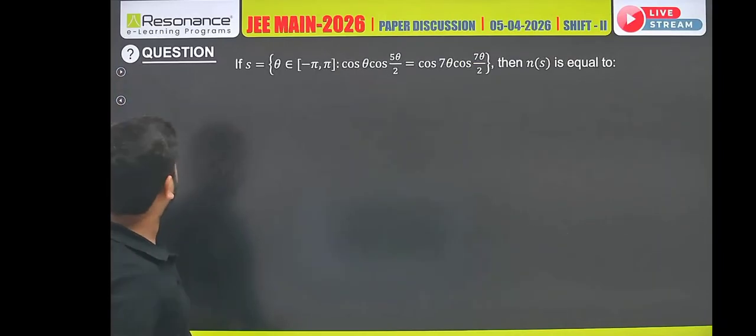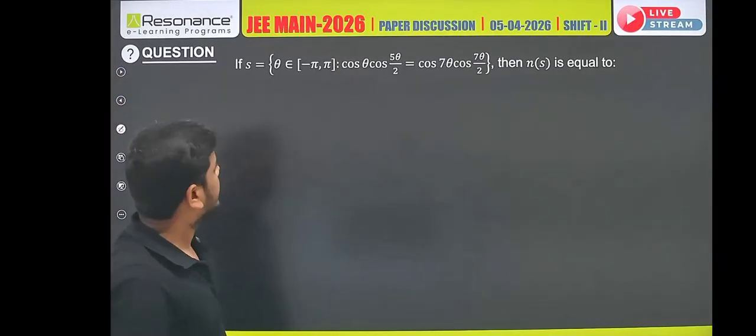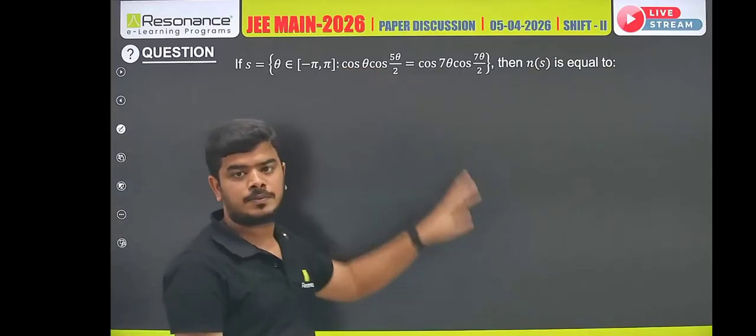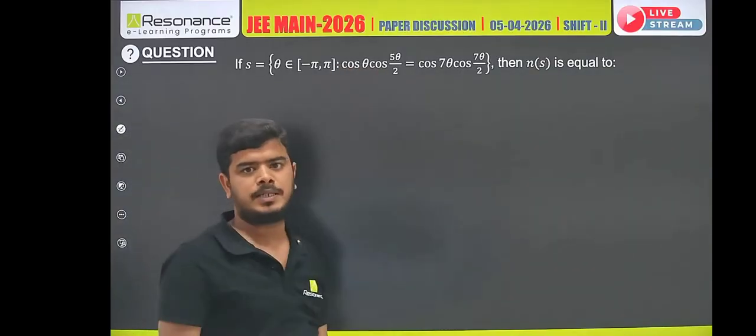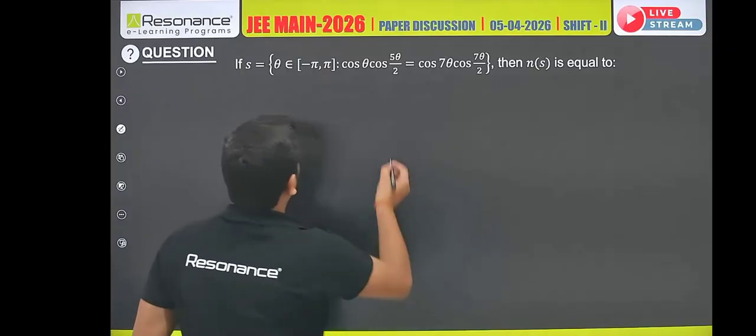Now next question is from trigonometry, and you need to find the number of values of theta which belong to minus pi to pi. So it is a trigonometric equation.